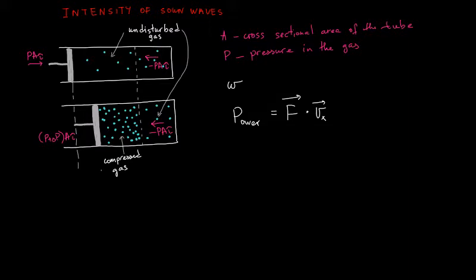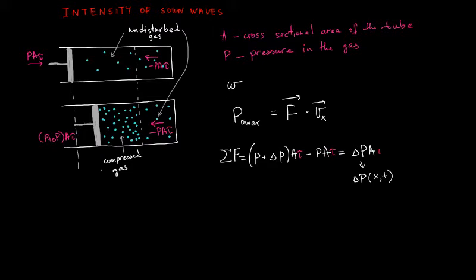So the force is the sum of the forces, so that equals P plus delta P times A minus PA, and that will give us delta P A. And let's note that this delta P is a function of x and time. Obviously, let's put also the direction i in here.